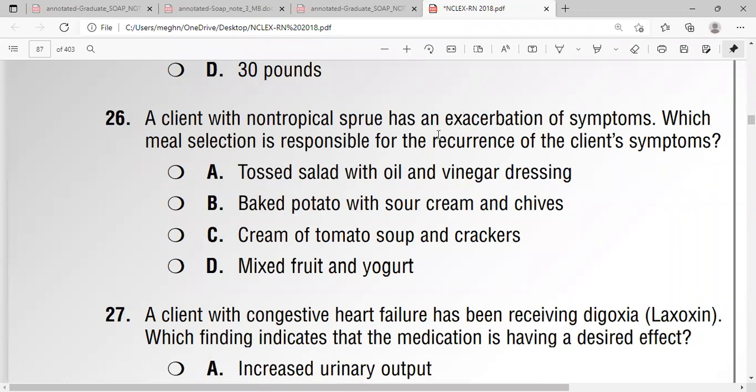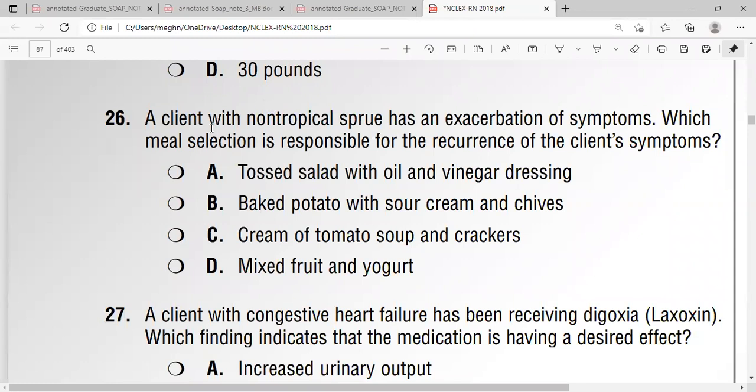Acute exacerbation, right? Number A, tossed salad with oil and vinegar dressing. Number B, baked potato with sour cream. Number C, cream of tomato soup and crackers. Number D, mixed fruits and yogurt.